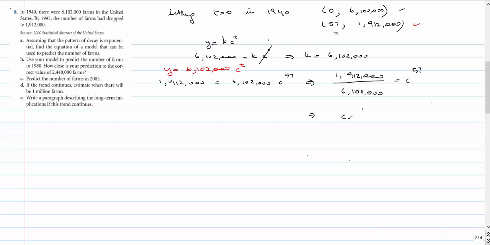So c is the 57th root of that ratio, and this is approximately 0.9798.